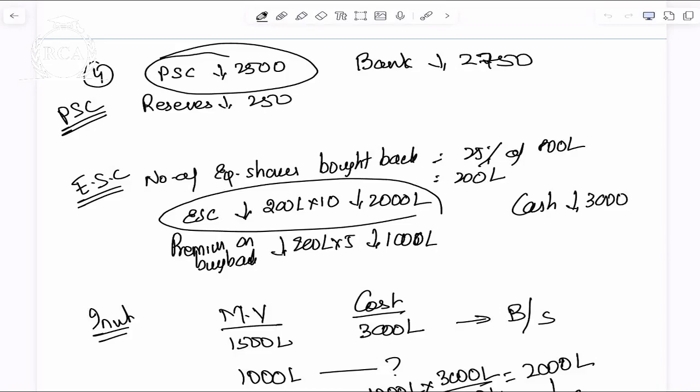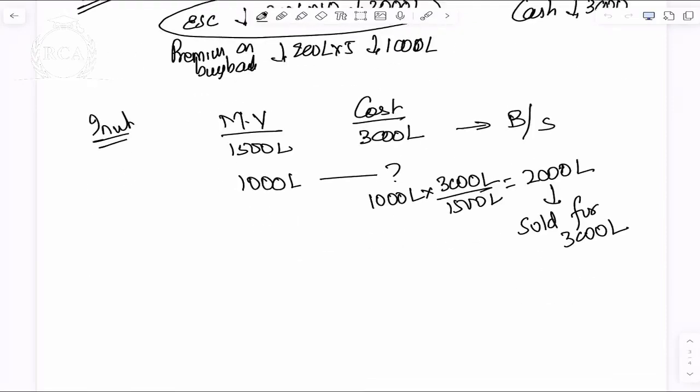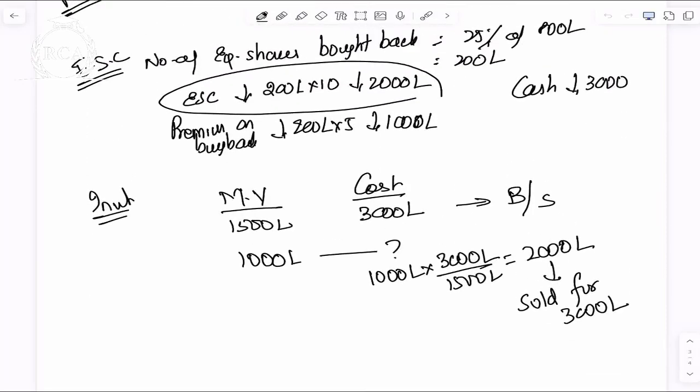Next one is we are buying back 25% of equity shares. So equity share capital will reduce by 2000 lakhs. Premium on buyback is 1000 lakhs. Bank balance will reduce by 3000 lakhs. Next is investment, proportionate calculation. Cost of investment sold is 2000 lakhs.